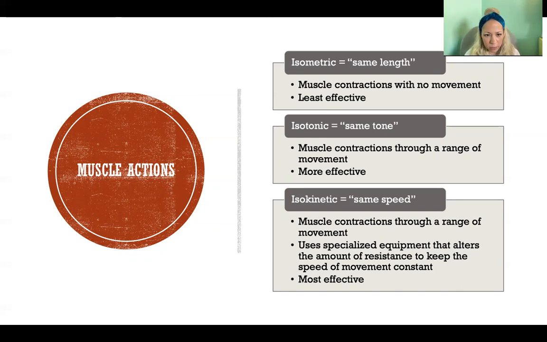Isokinetic means same speed. So you need specialized equipment for isokinetic exercise. And it's equipment that alters the amount of resistance as you're moving so that your speed remains constant. So as you're moving through range of motion, let's say we're just doing a body weight exercise, that would be isotonic.